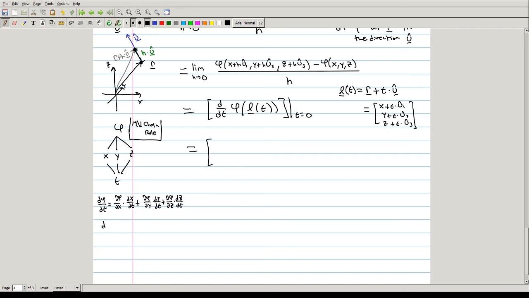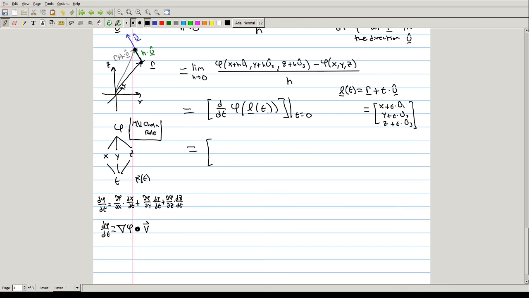And what that means is that d phi dt, when phi depends on L of t, is going to be the gradient vector of phi dot product with the velocity vector of whatever curve r of t is.